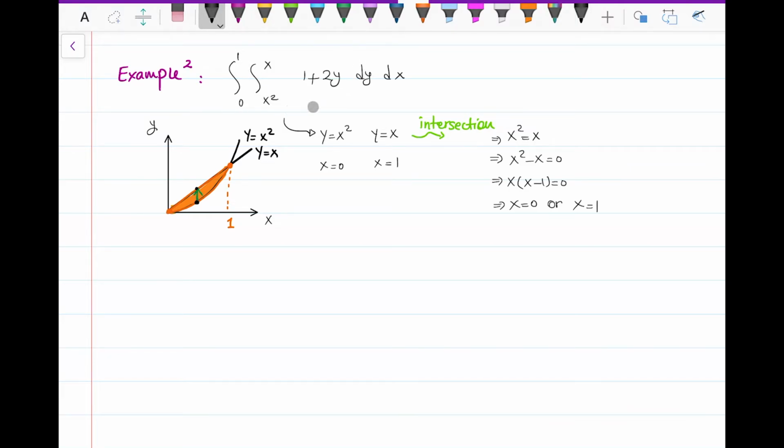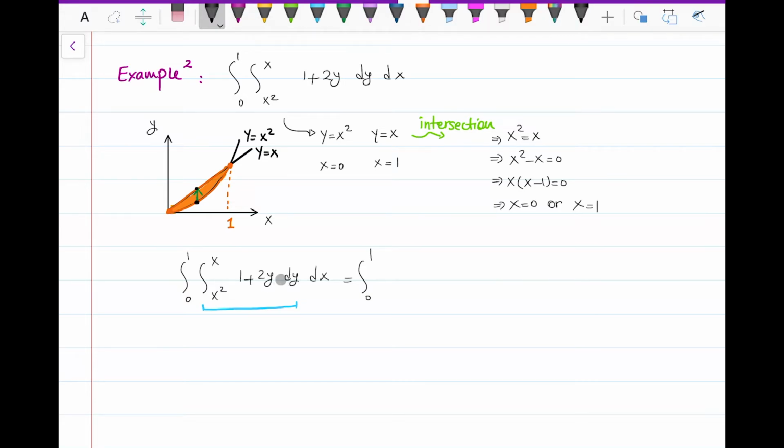Perfect. Let's solve the inner integral first. I'm gonna rewrite that in here: the integral of 1 plus 2y dy dx. Okay, so first I'm gonna solve the inner integral, so I'm gonna write the outer integral.